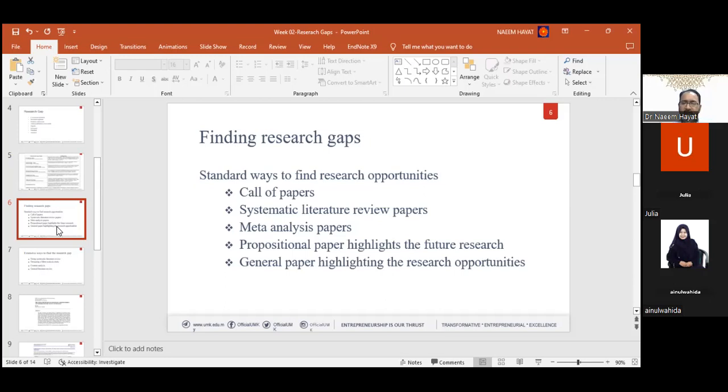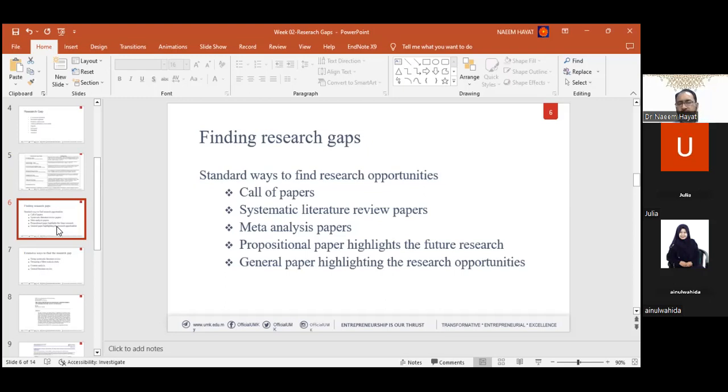Meta-analysis is a grand regression run on the quantitative data from the systematic literature review to give us an understanding of how the variables are influencing the outcome, and a meta-analysis always closes with a future research opportunity.